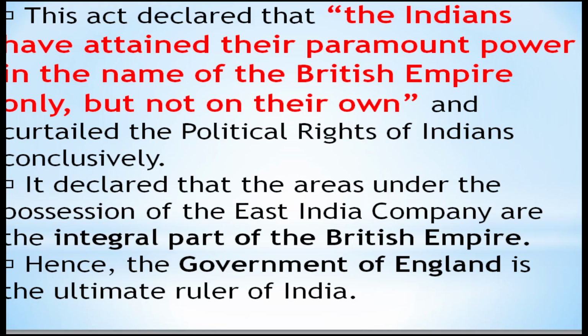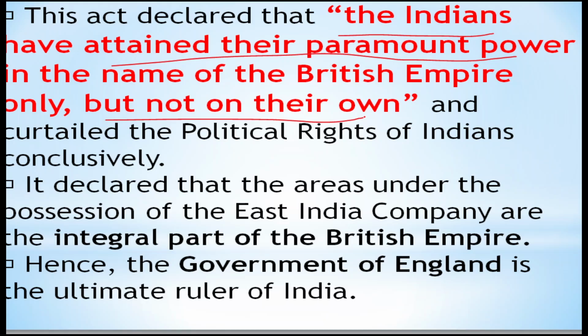Pitt's Act declared that the Indians have attained paramount power in the name of the British Empire only, but not on their own. Here the Indians have the power, but on what basis? In the name of the British Empire, not by their own.